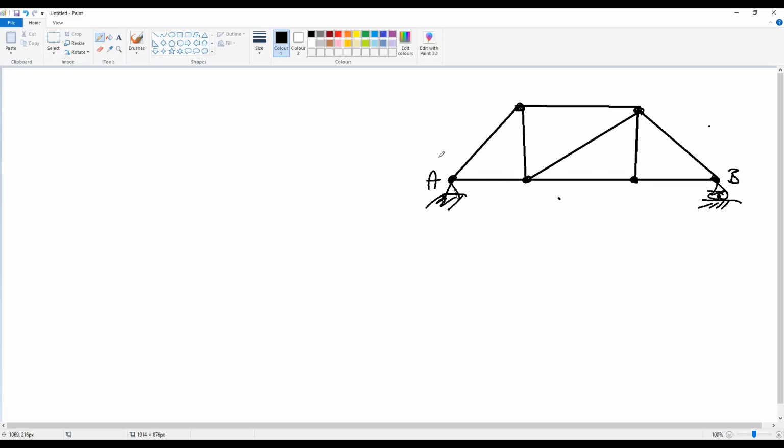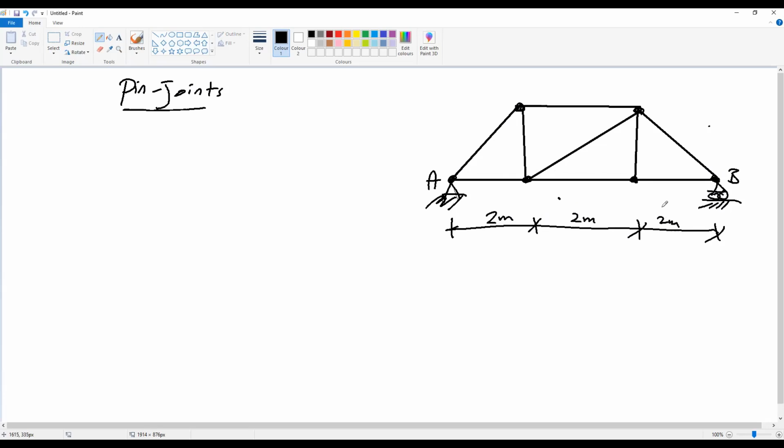As you see in the example, all the joints are bend joints. Okay, the distance we have here, all the members are 2 meters long, so 2 meters, 2 meters, and also this height is 2 meters.